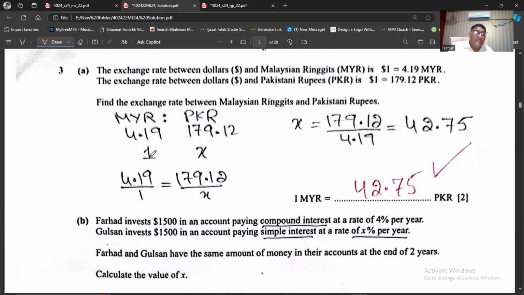If you have 1 million ringgit, how many Pakistani rupees you will get? So 4.19 divided by 1 is equals to 179.12 divided by X. So the X will be equals to 179.12 divided by 4.19. So that will be 42.75. So when you have 1 million ringgit, you get 42.75 Pakistani rupees.